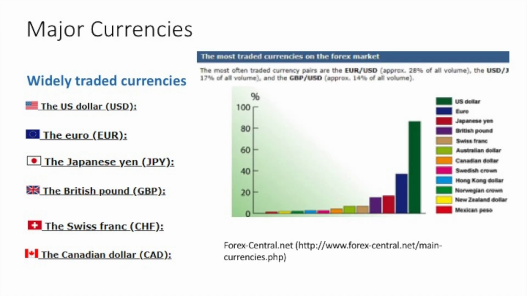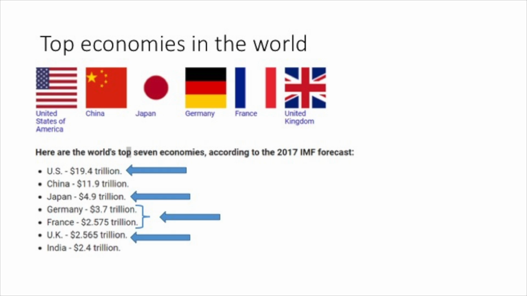This graph gives you a feel for the size of the currencies that are traded. You'll note that the US dollar is by far and away the largest currency traded. Again, the US has the distinction of being known as the reserve currency at this point, so many currencies go through the US dollar.